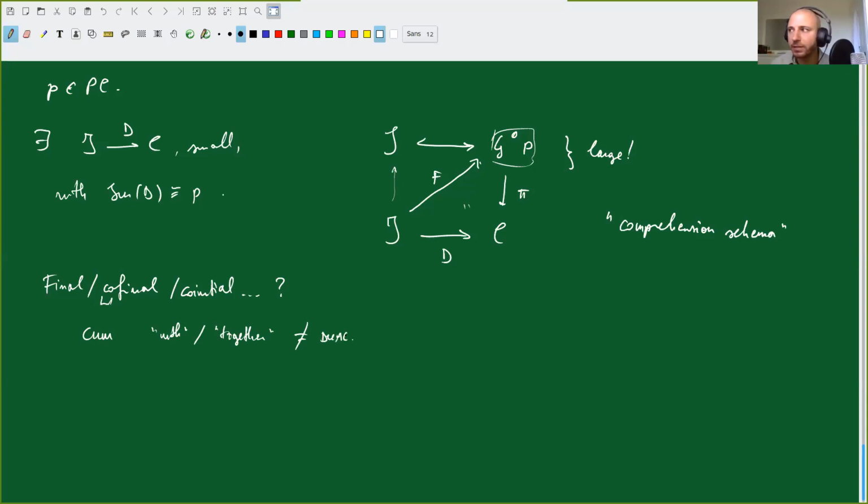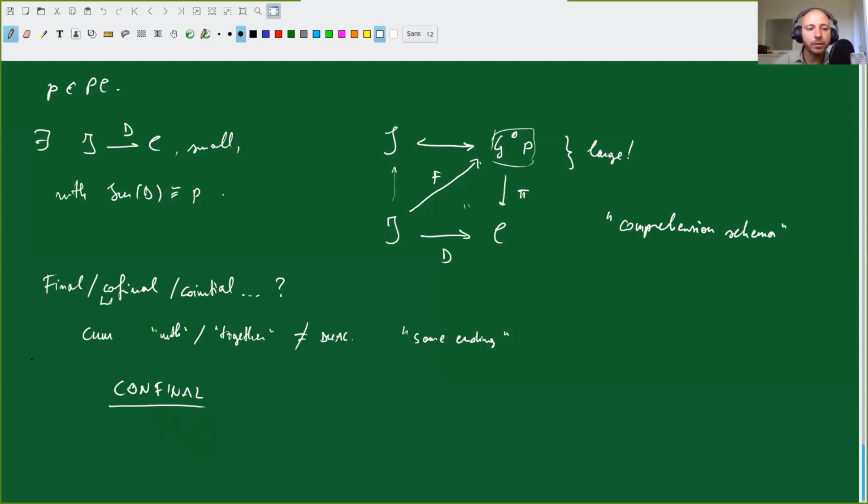So cofinal doesn't mean initial in the sense of cofinal functor, and this can be a bit confusing. We would like to say that they have the same ending, so to say, the same colimit. Walter has proposed to use the word confinal to settle the issue, so that it preserves the etymology, but it does not sound like a dual. And I think I would like to stick with this terminology here.